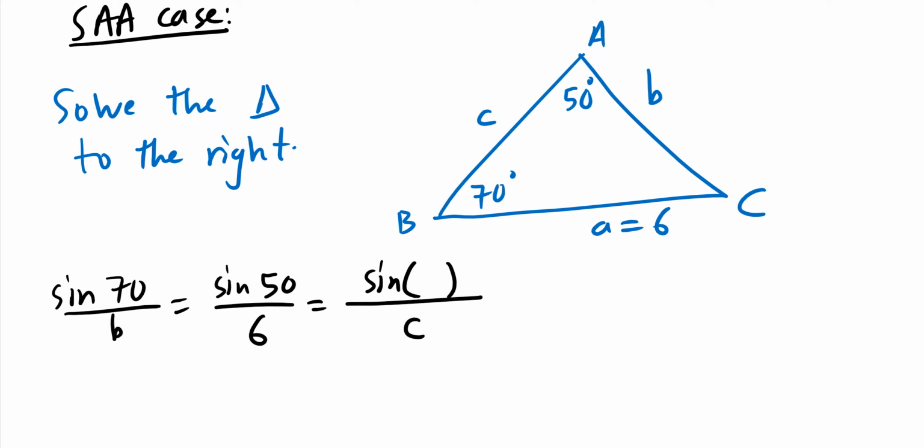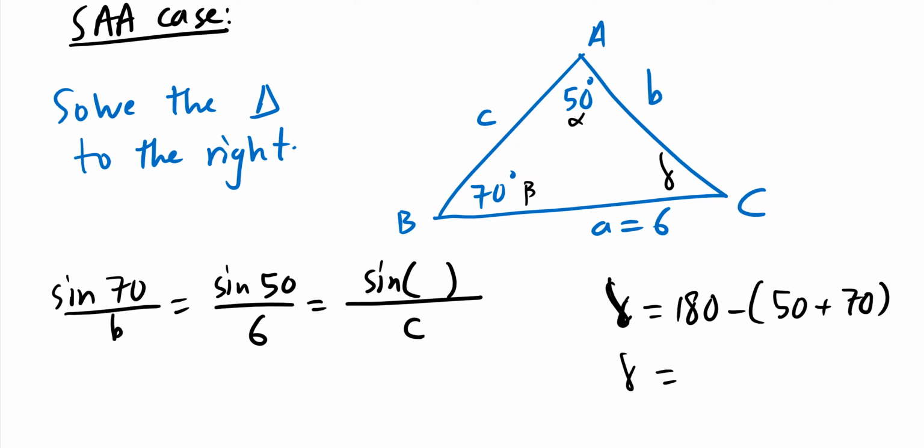So what can I do with C? The angles are always called alpha, beta, and gamma. How do I get gamma here? Very easy, using alpha plus beta plus gamma is 180. So gamma is 180 minus the other two angles, 70 and 50. Gamma is 180 minus 120, so gamma is 60.